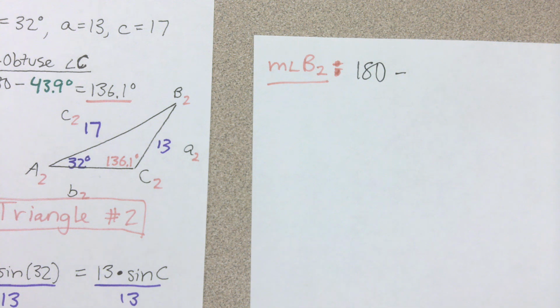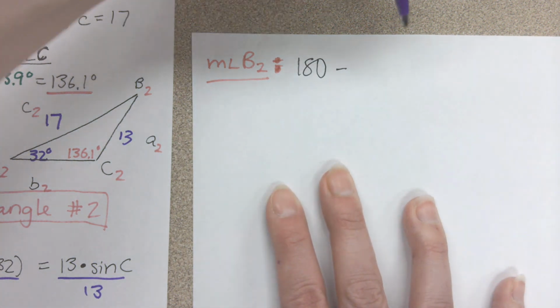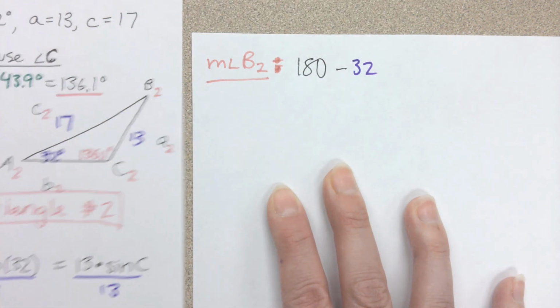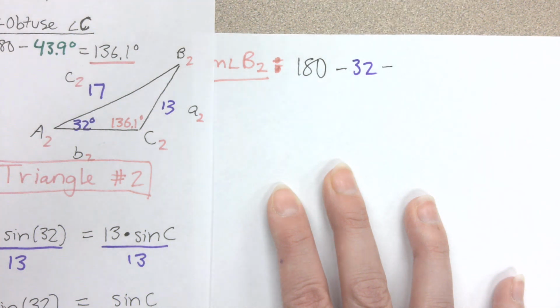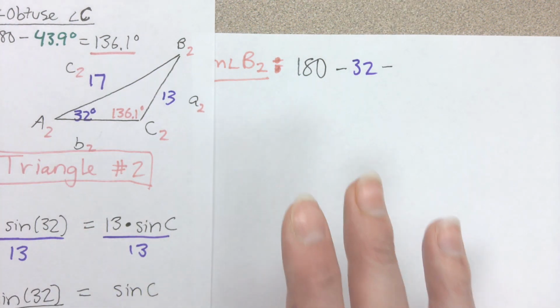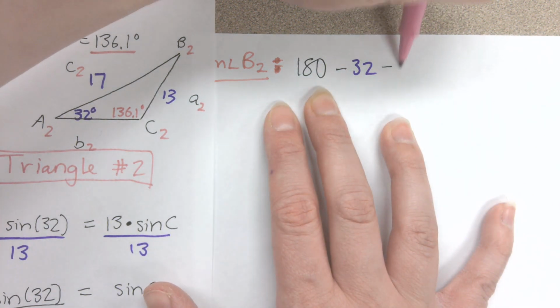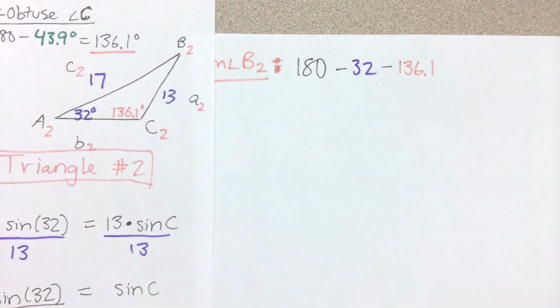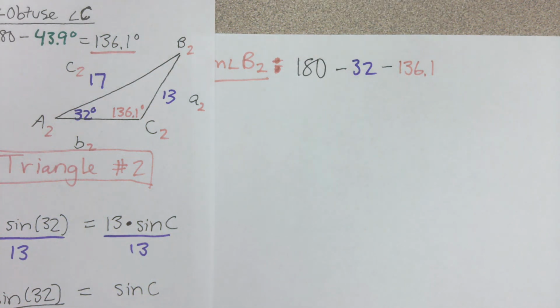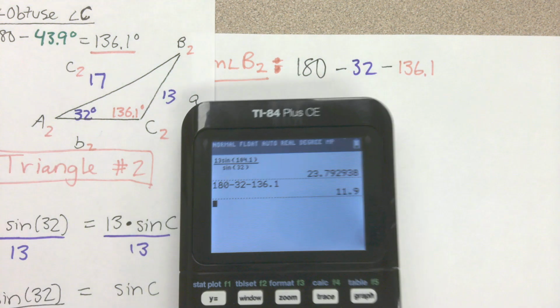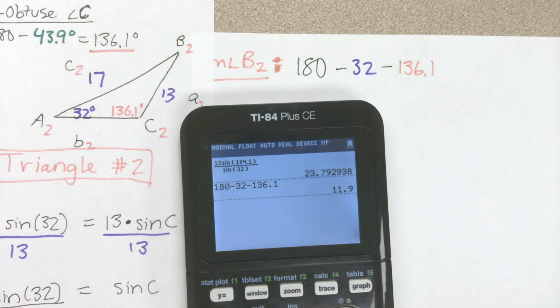So we have angle A, which is 32 degrees, minus the obtuse angle C, the new angle C, 136.1. And the remaining angle is 11.9 degrees. So angle B2 is 11.9 degrees.